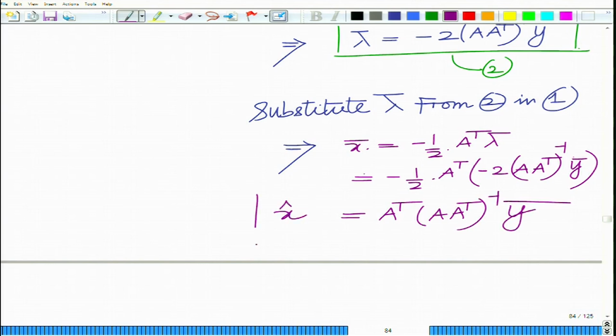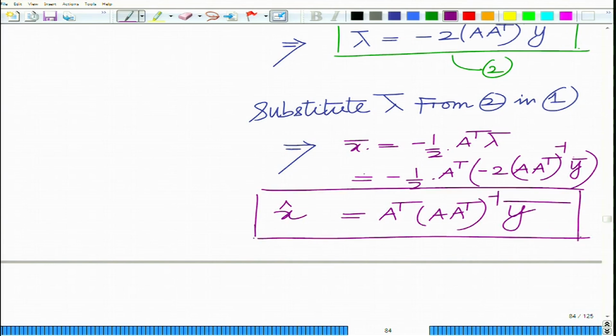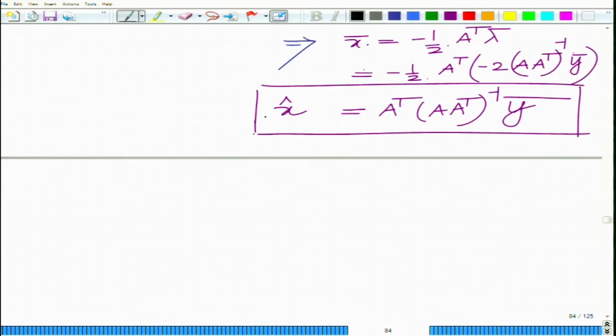This is your x hat, or your signal estimate that has the least norm.